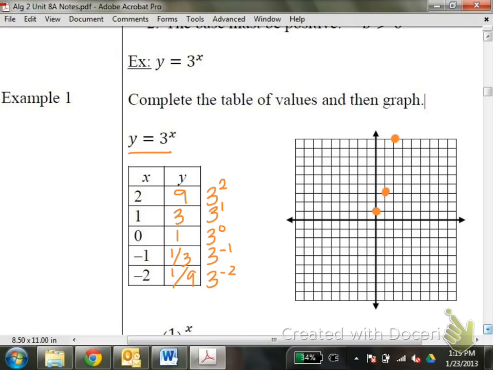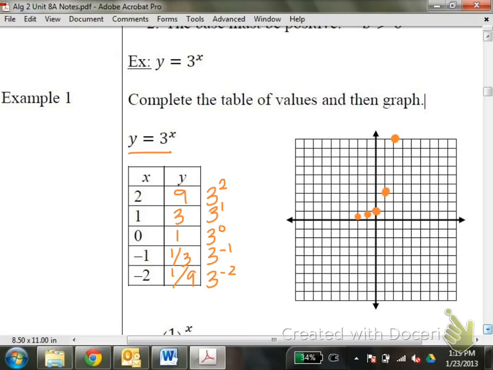So you can always count on 0, 1. And then this is where it gets tricky. Negative 1 is your x, and 1/3 is your y. So that's above the x-axis, somewhere in between 0 and 1. Just estimate. Same thing with 1 over 9. My x is negative 2, and my y is 1 over 9. So that's still right above the x-axis.